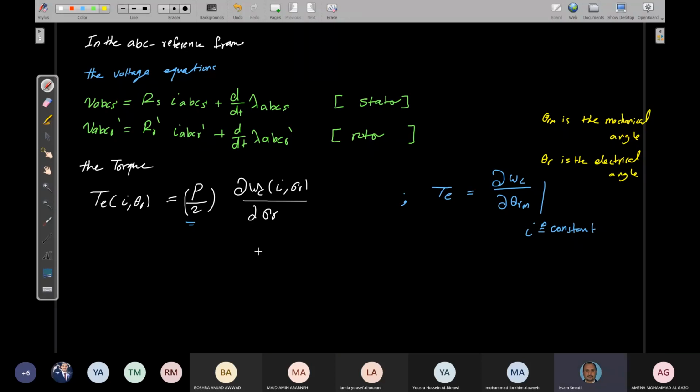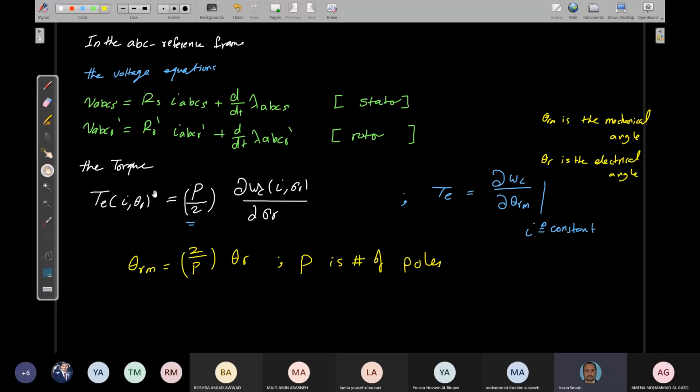So last time we highlighted that theta_rm equals 2 over P theta_r, where P is the number of machine poles.